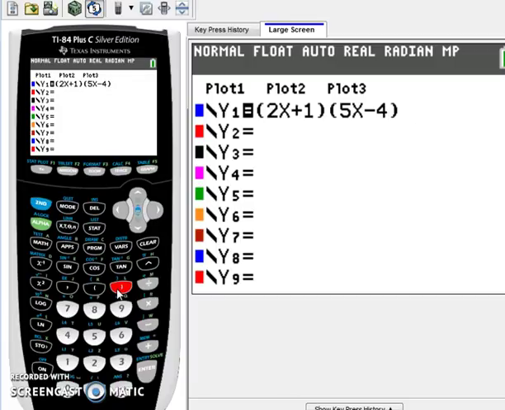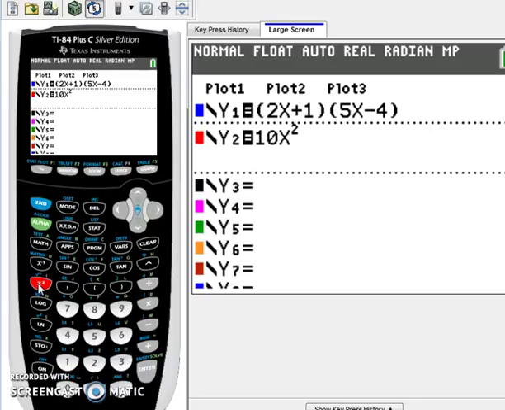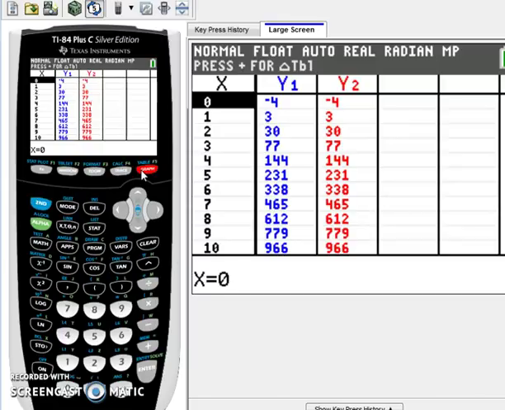Okay? And then our answer choice was 10x squared minus 3x minus 4. And if you go to the table, you can tell that's correct because my y1 and my y2 are the same. Those things are equal. So when you have simplifying ones like that, you can just do that and make sure they match.